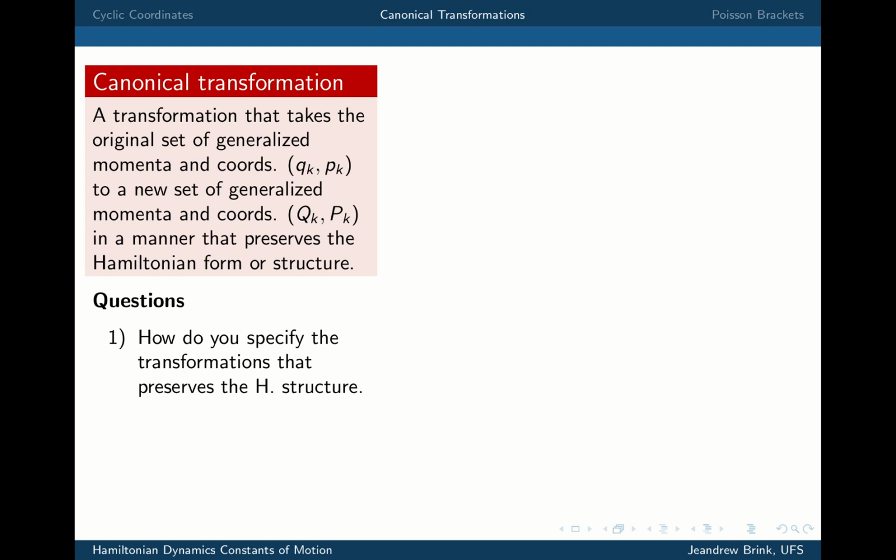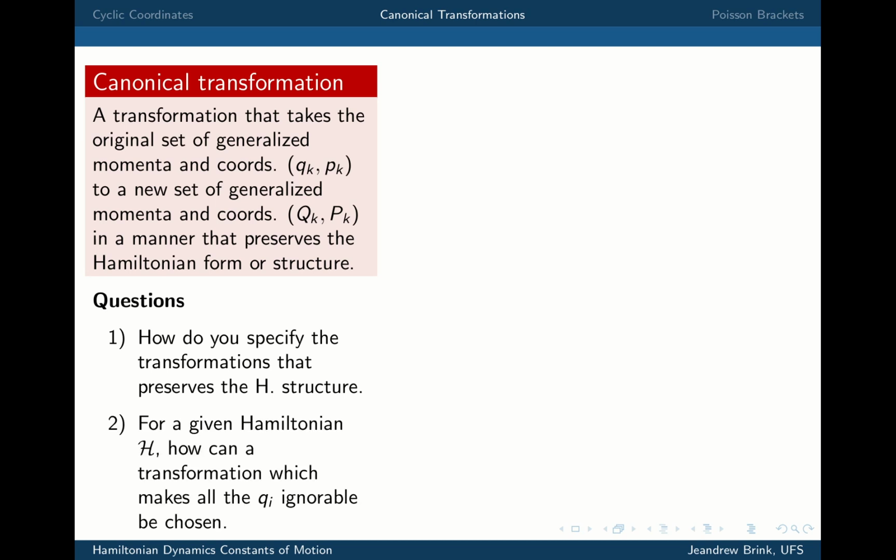And the second question, so I'm going to try and answer the first one today. The second one is, for a given Hamiltonian H, can you find a transformation which makes all the Qi ignorable?